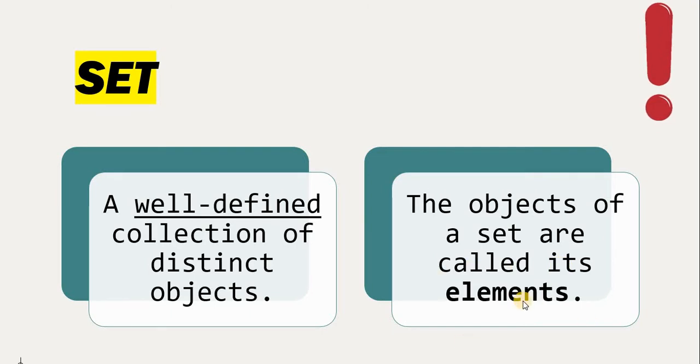So, lahat ng mga objects na nandun sa group na yun or sa set na yun, ang tawag sa kanila ay elements. Okay? So, balik tayo dun sa example, grade 7 Nizar, academic year 2021 to 2022. So, yung bawat student na nasa section na yun, ang tawag sa kanila ay element.